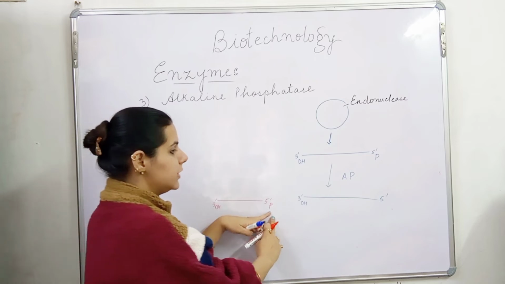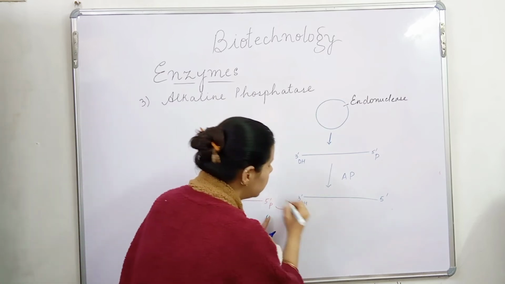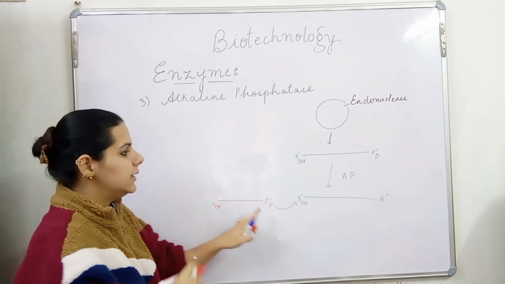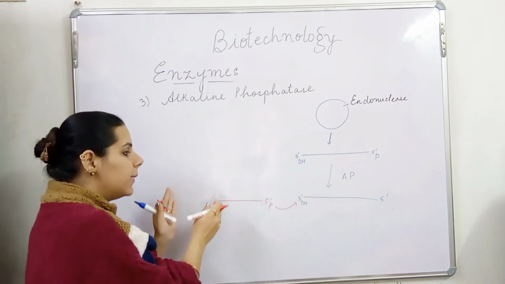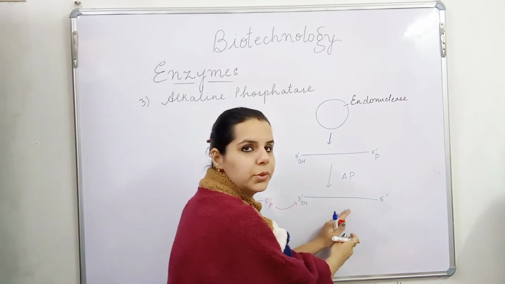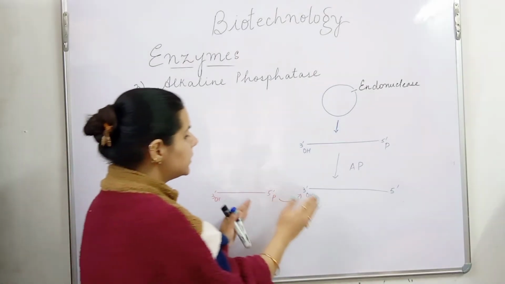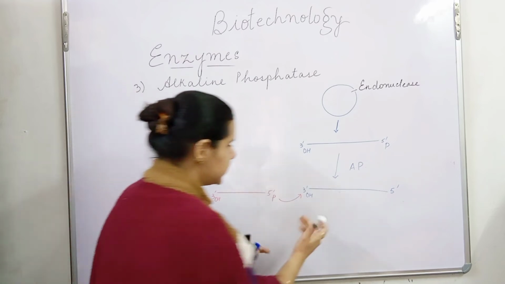Now this phosphate and this hydroxyl group will be able to make a phosphodiester bond. And then when there is a phosphodiester bond, my gene of interest is now added to the plasmid. Alright. So now when there is a formation of this phosphodiester bond, what are we going to get?